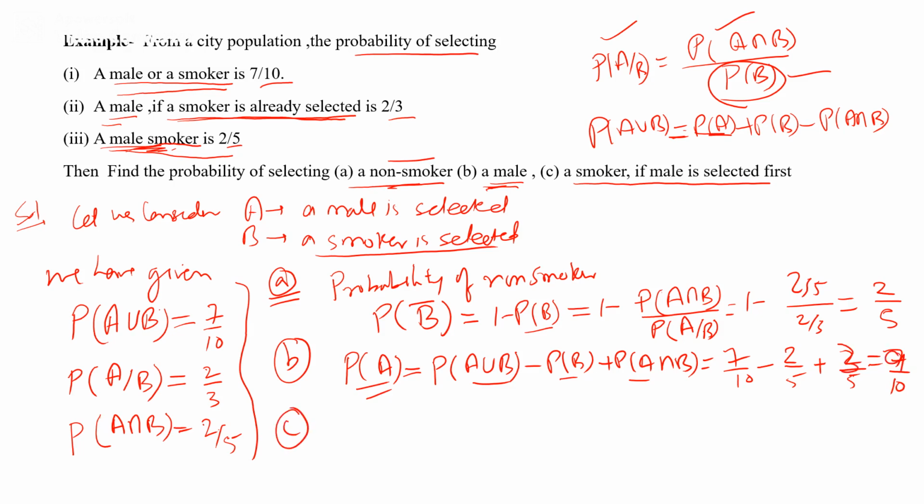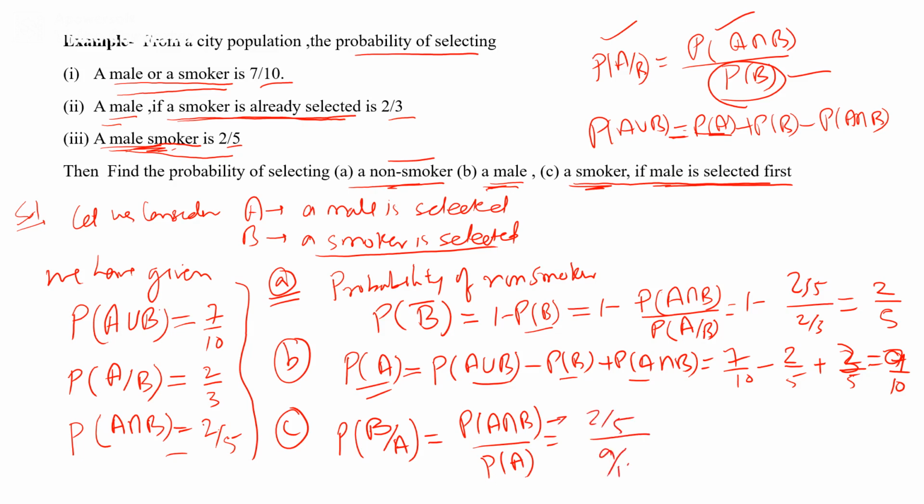Now similarly, we can find the third one, that is the probability of a smoker if a male is selected. It means we have to find the probability of B given that A has already occurred. So we write probability of A intersection B divided by probability of A. Here the probability of A intersection B is 2 by 5, divided by probability of A, which is 9 by 10.